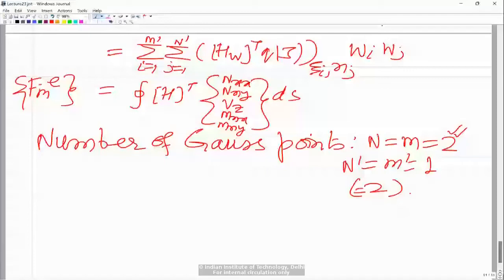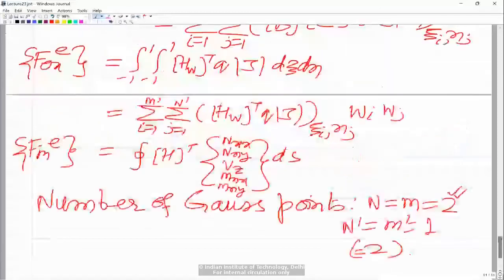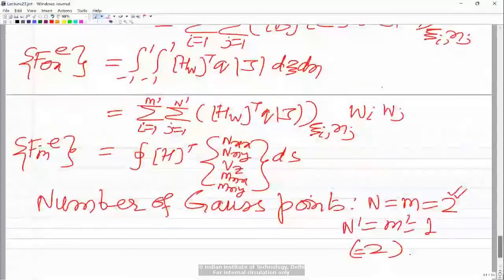Gauss quadrature numerical integration examples I have given earlier. If you remember, I had talked about how the 1D integral is done numerically using Gauss quadrature, then the 2D integral, and how that physically transforms into a summation of 4 terms or a summation of 2 terms depending on 1D, 2D, and the number of integration points.